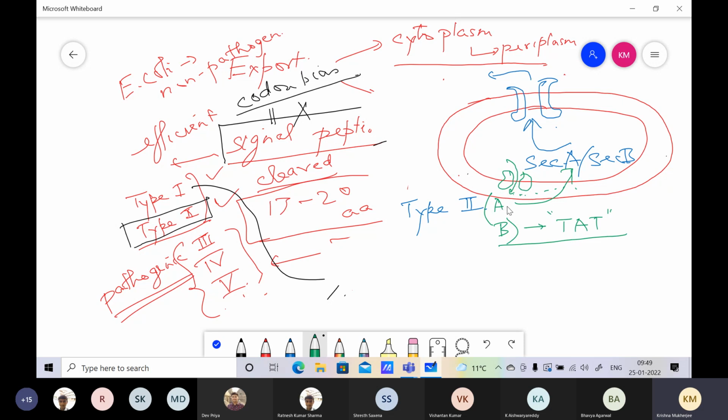Now, type 2A pathways are characterized by sending nascent polypeptides, unfolded proteins, into the periplasm to allow them to fold. So SecA, SecB sends proteins in their unfolded state to the periplasm where they fold.